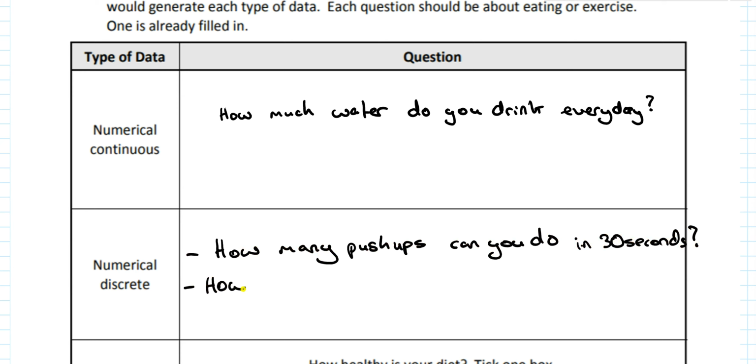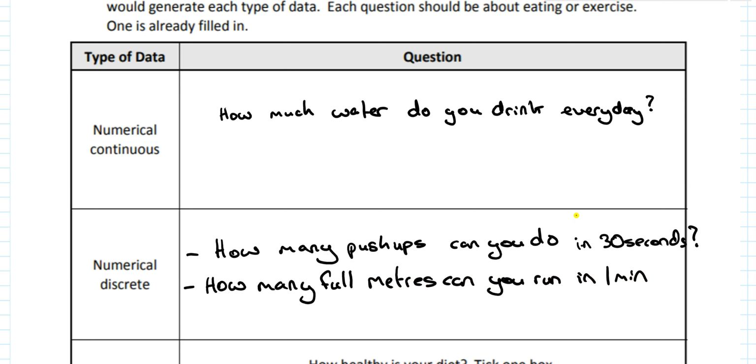How many full meters can you run in 1 minute? Or it could be, how many burpees can you do in 1 minute? There's no such thing as half a burpee. Okay, so how many sit-ups can you do in 30 seconds? There's no such thing as half. So you're either going to go for 1 up to a certain number, or 0 even.